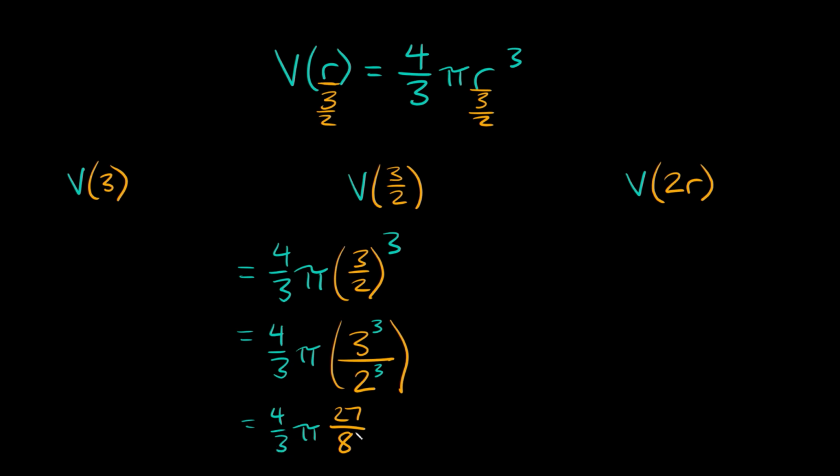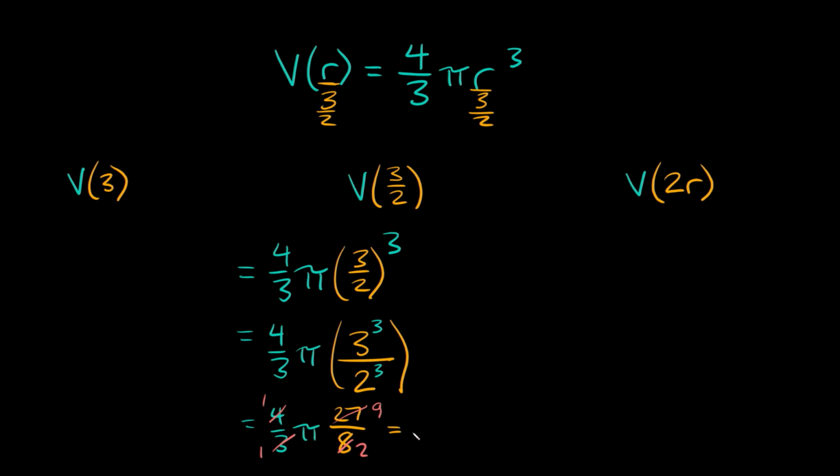Okay, now we can once again reduce some stuff here. So just like last time, we have 27 on top, 3 on the bottom, so we can reduce that once again to 9/1. And then 4/8 reduces down to 1/2. Okay, and don't forget we still have our pi right here.